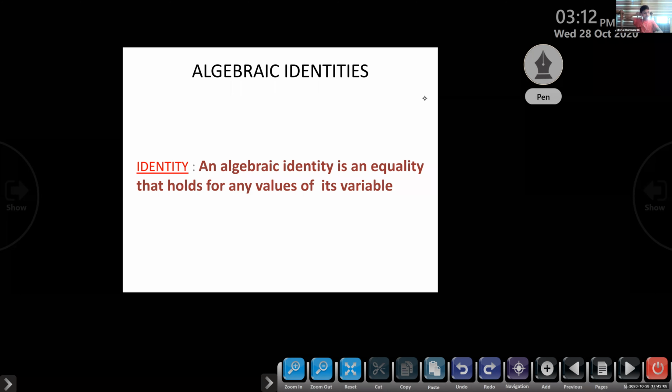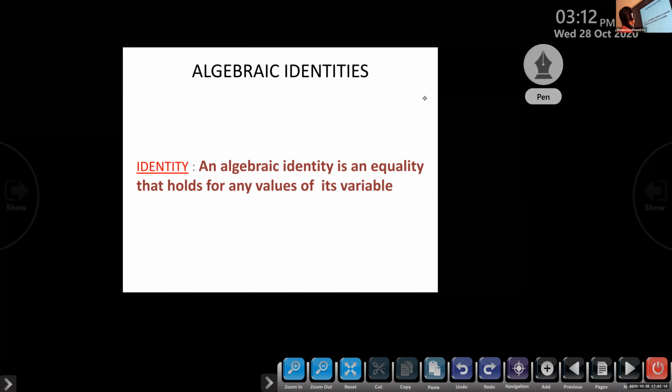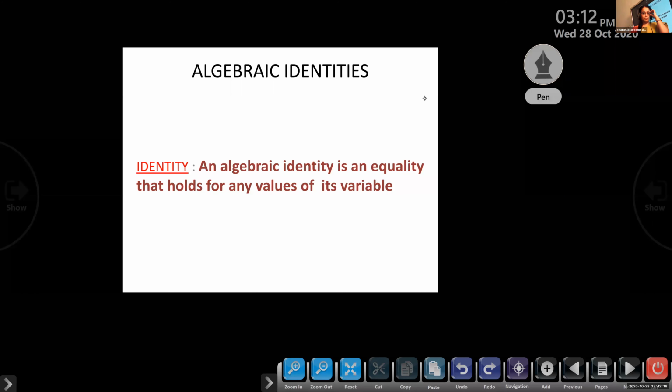Write the definition. We will explain what it is. An algebraic identity is an equality that holds for any values of its variable. Ma'am, should we write this? Yes.